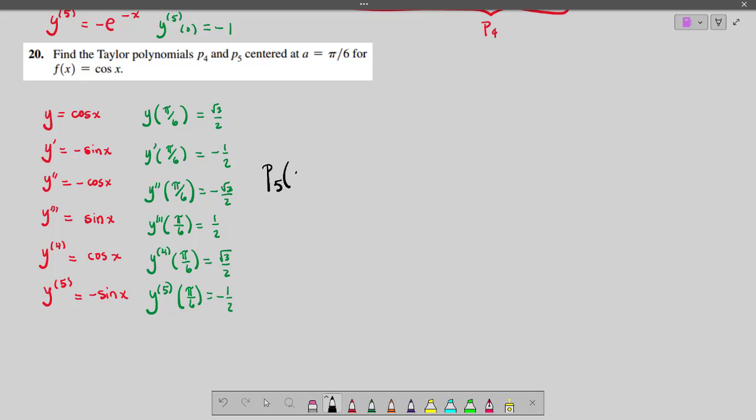The pattern, you'll see, will become repeatable as you do a few of these. So we start with f of a, and then it's minus 1/2 times x minus pi divided by 6. So that is the tangent line right there.